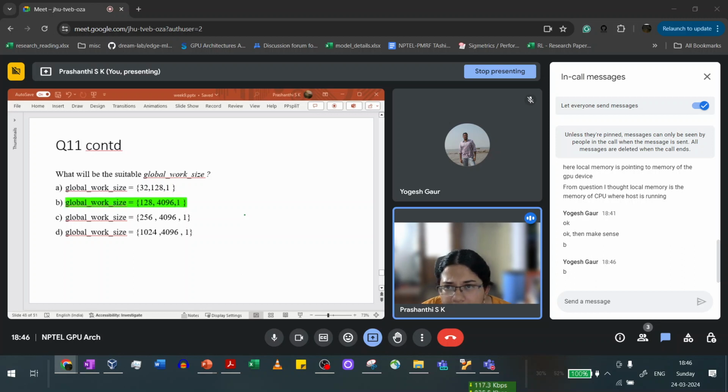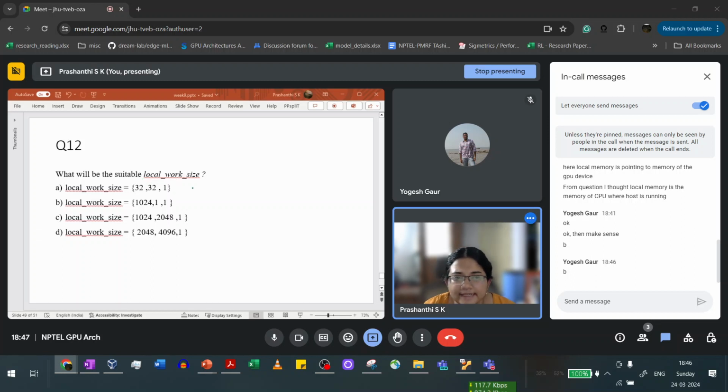We have one more question in the same set. With the same data, what would be the suitable local work size? And again, we have four options.